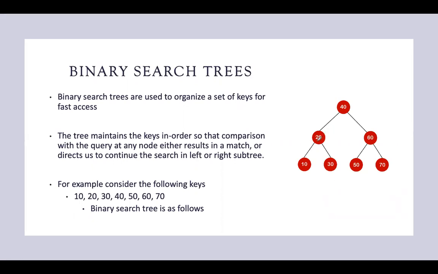So 10 is not equal to 20. Here also we'll go left of the 20, since 10 is less than 20. If you're searching for 30, you'll go right. At each node you can see the left child is less than the root and the right child will be greater than the root. Is it clear?